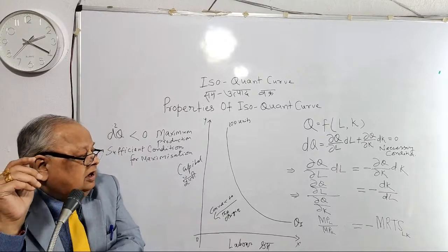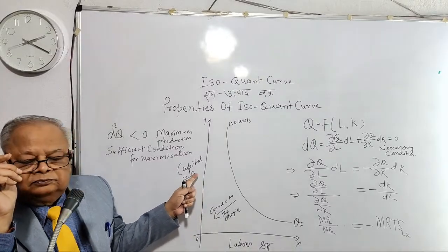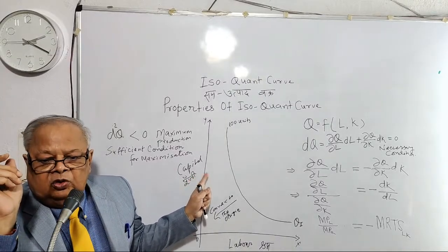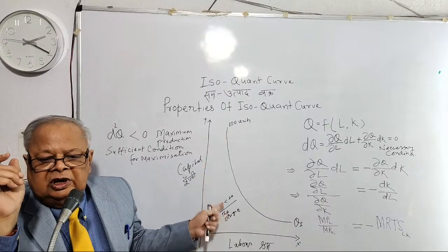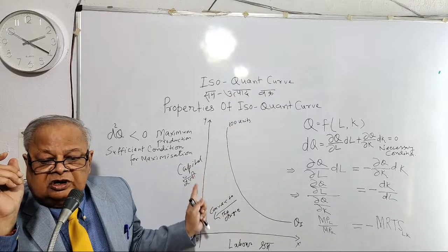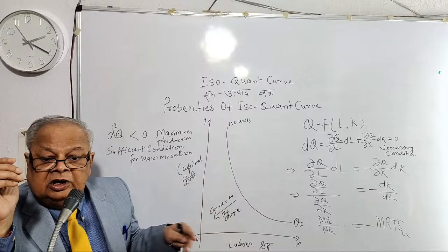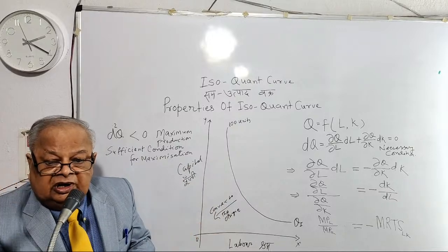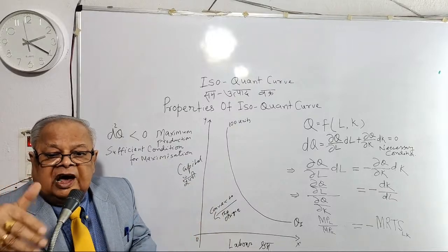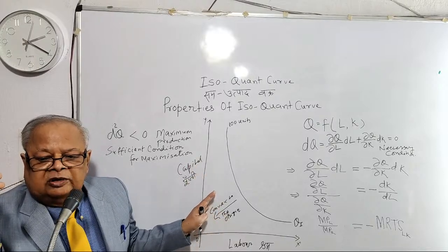So what we see here, isoquant property number one, it is downward sloping. Second, isoquant is convex to the origin. Third, a lower isoquant represents a lower production level, and a higher isoquant represents a higher production level in the isoquant map.